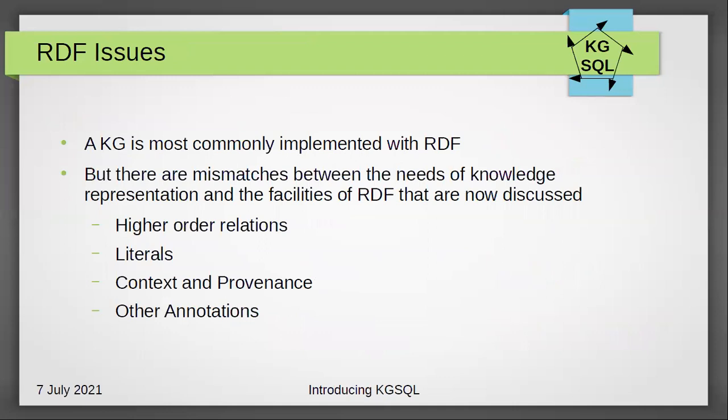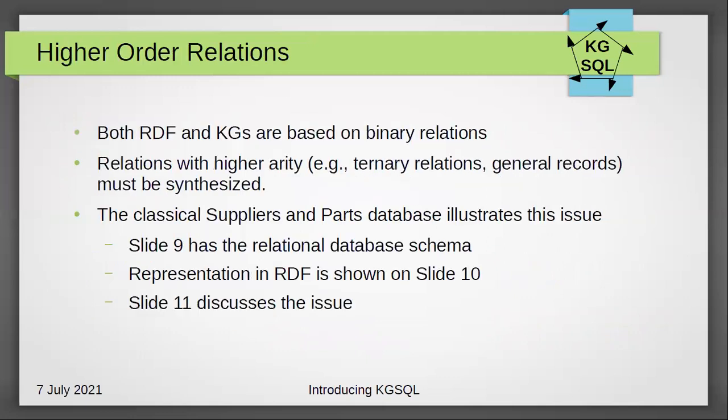So as I mentioned before, it's most commonly implemented with RDF, but there are some mismatches. In particular, I'm going to talk about higher order relations, literals, context and provenance, and also annotations. Okay, so RDF and knowledge graphs are both based on binary relations, which seems to make them a good fit.